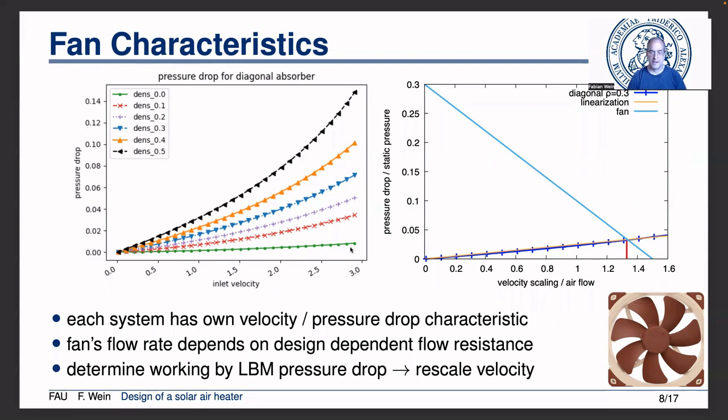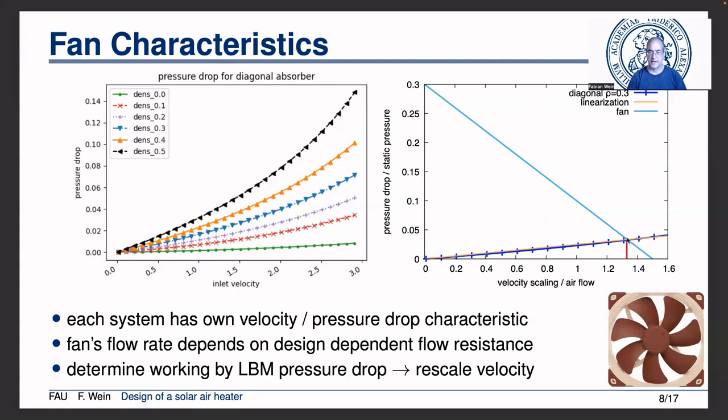A fan itself has also a characteristic, and the fan characteristic has a maximum static pressure when we have no airflow, and when we have no pressure drop in the system, we have a maximal airflow. And idealized, the connection between these 2 extreme points is a diagonal line.